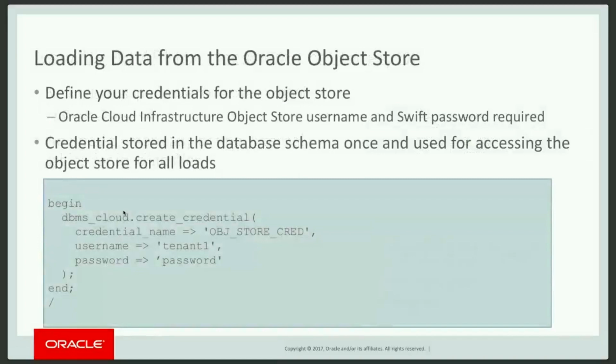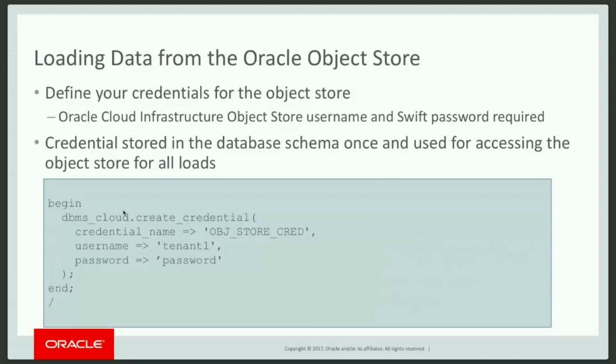So if you're going to load from the object store, as opposed to loading from, say, an on-premise file, something on your desktop computer, you need to give us a password. You need to authorize your ADW process to be able to access your object store credentials. So we have this thing within the DBMS Cloud package called Create Credential.